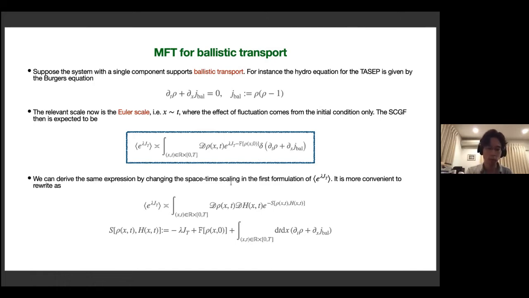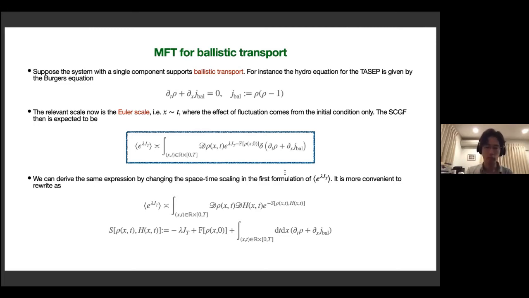And then you can write down a bit more elaborate expression of it by exponentiating this function here. So this new auxiliary variable h is introduced, and as a result, you get the MFT action like this. This is what I call the MFT action.